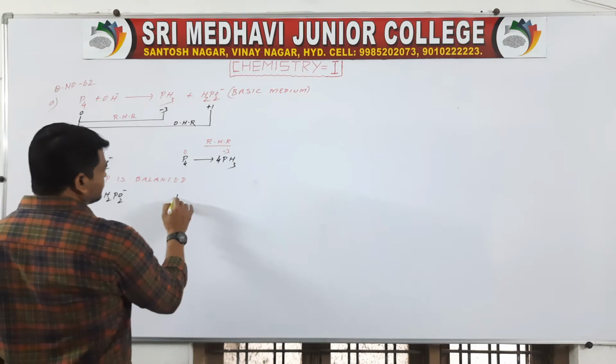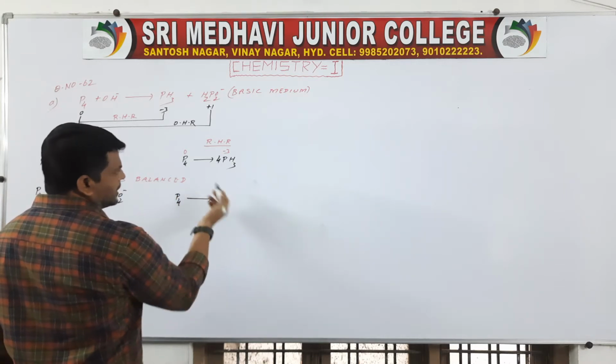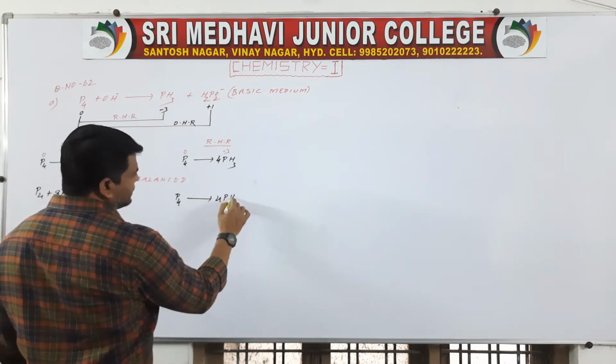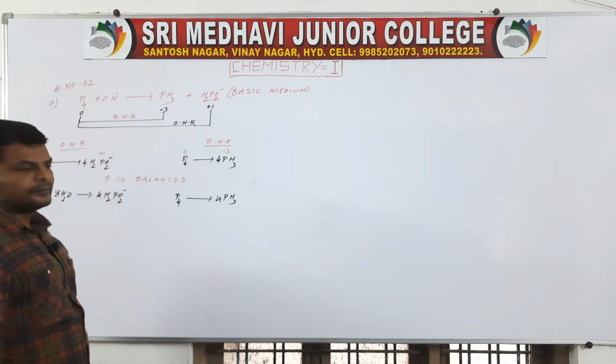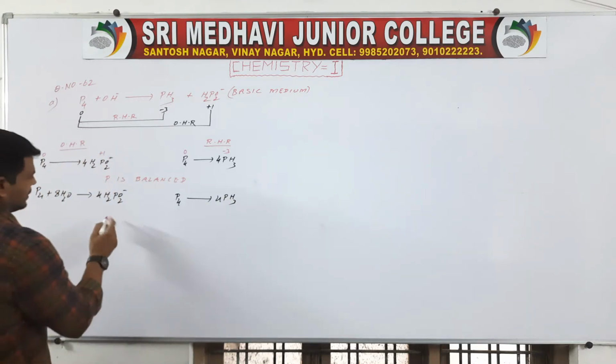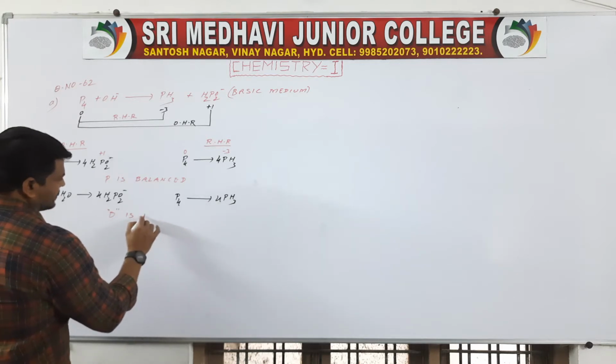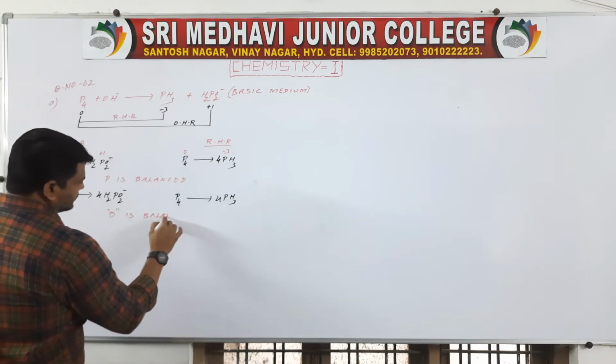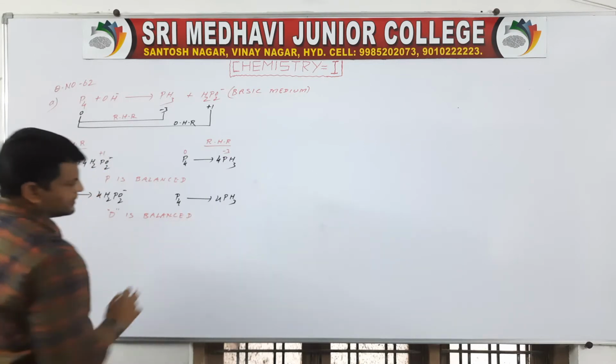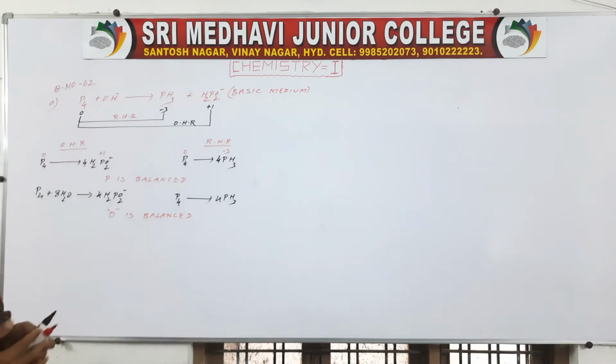Then here no oxygens, as it is I am writing this equation. Now you have to write oxygen is balanced. Next, hydrogens.